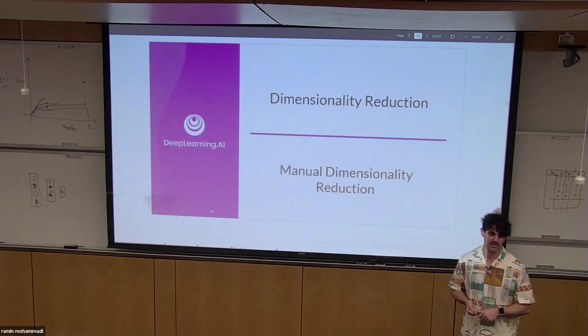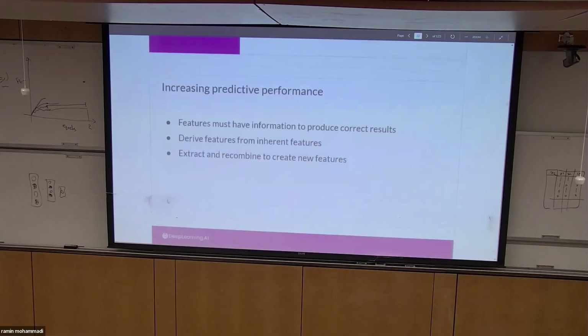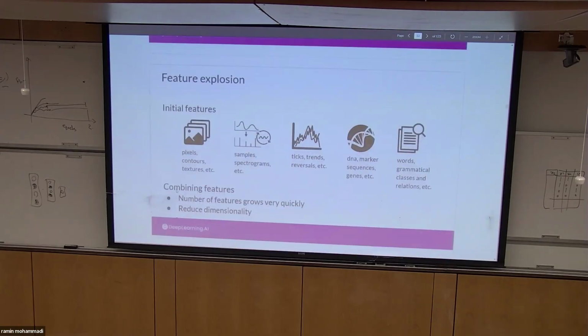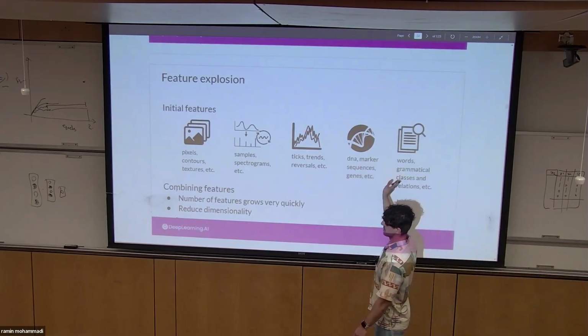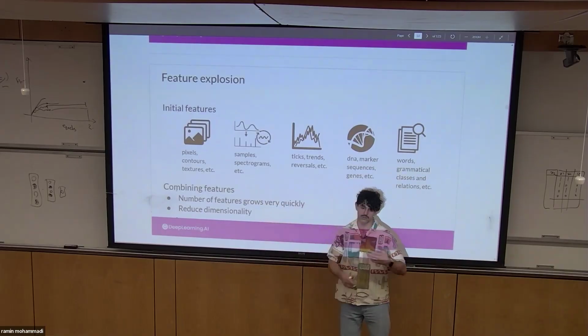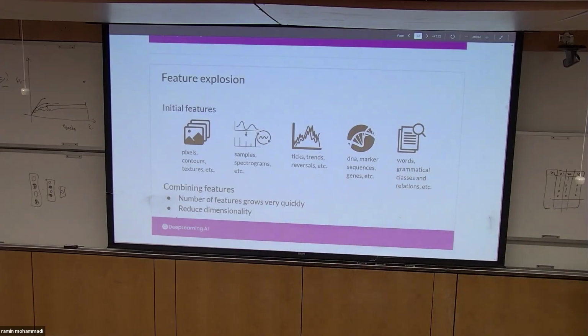Now, if you want to reduce the dimensions, the first and easiest thing is manual dimensionality reduction, right? You have done it before. You could reduce the number of dimensions that you are using and decide what's the best combination to use. For example, you have some initial features, you combine those, you apply something manually like correlation analysis, and you decide I'm going to get rid of these features and keep this one.